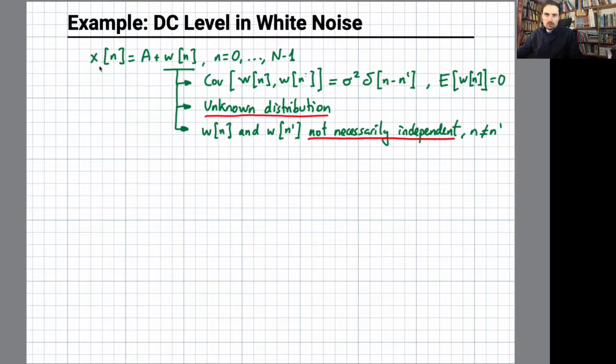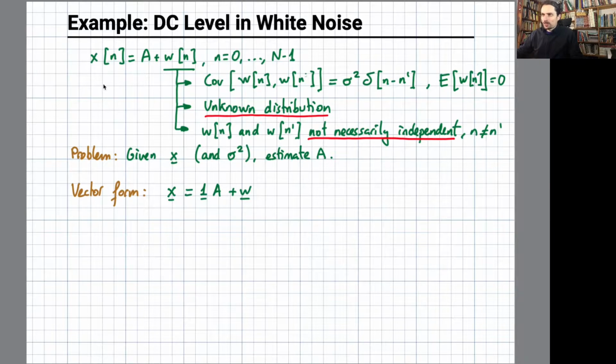But now we are empowered by the blue to solve it, even though W has an unknown and possibly non-Gaussian distribution. Okay. So the problem is, as always, given x and sigma square, estimate A, although, as we will see, we don't really need sigma square.